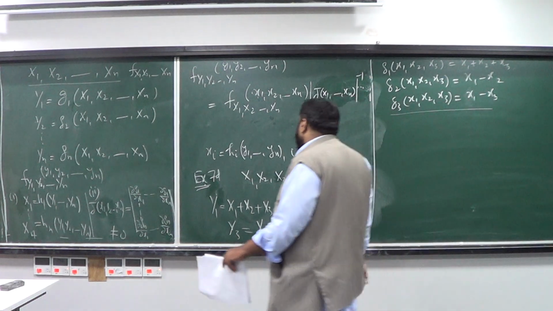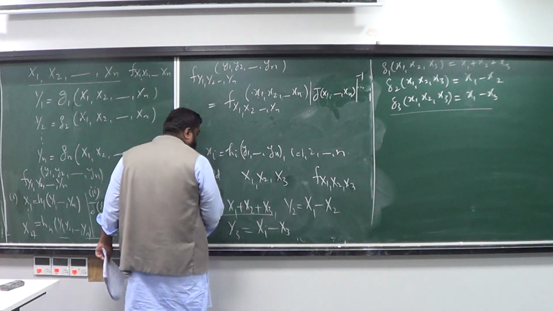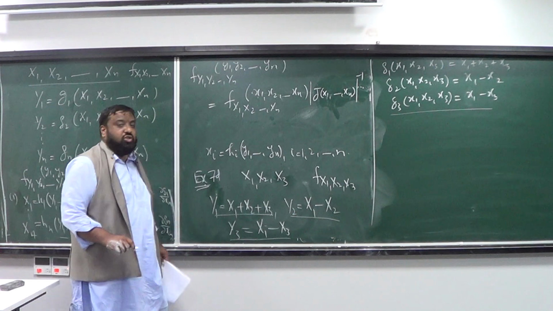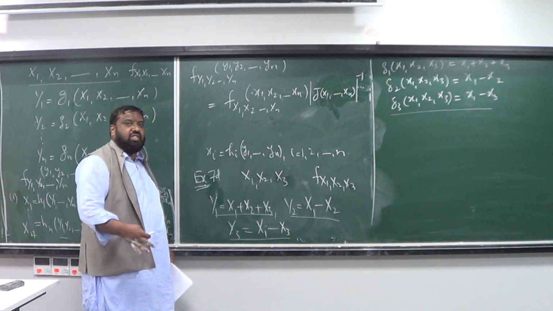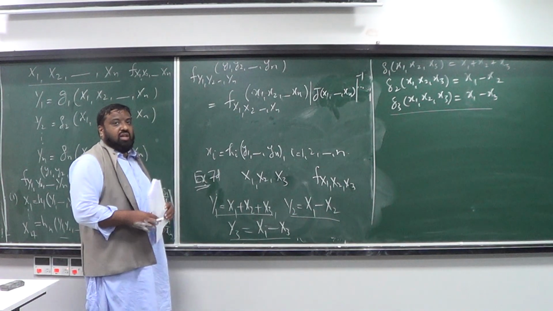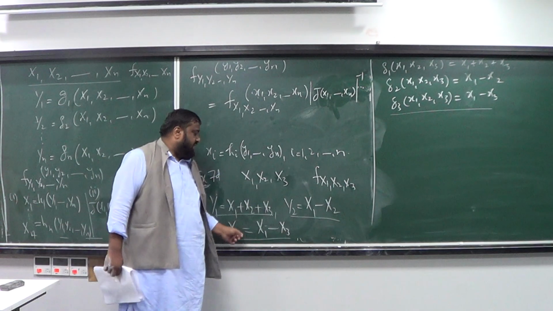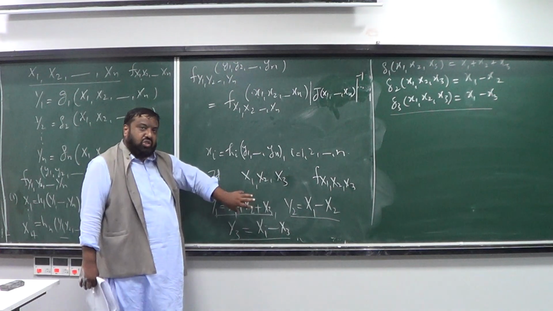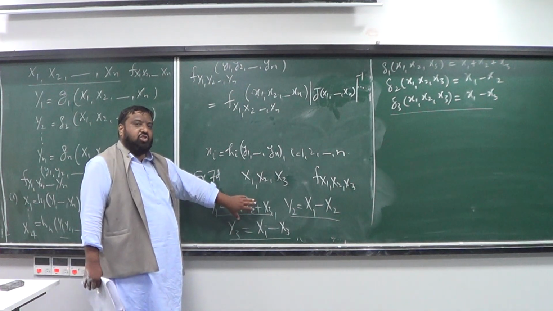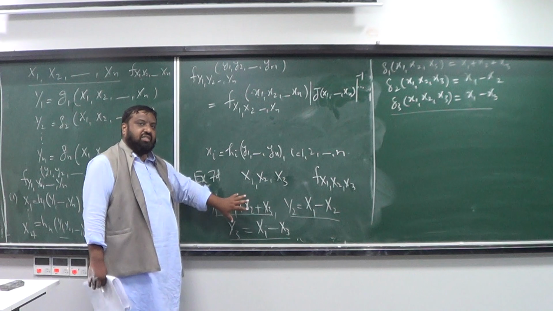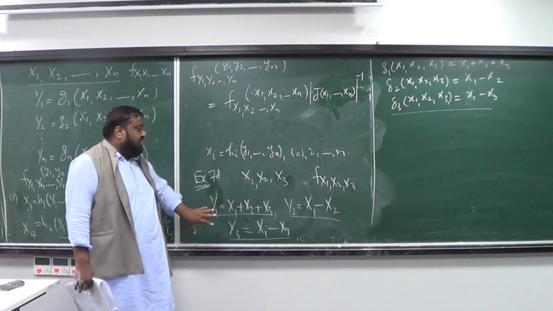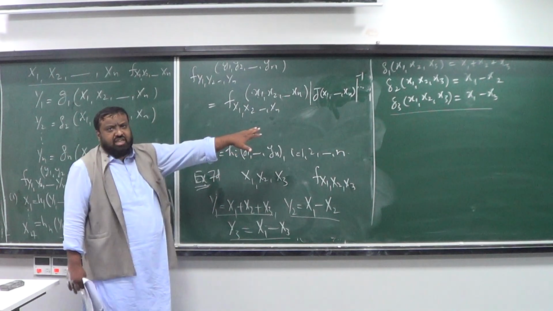If you treat these three equations as a system of equations in which x1, x2, and x3 are unknown, and y1, y2, y3 are known, then we can solve this system so that x1, x2, x3 have values in terms of the y's. I'm not going to solve that, I'm just going to directly write it.